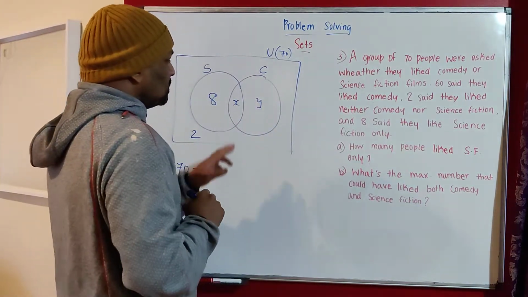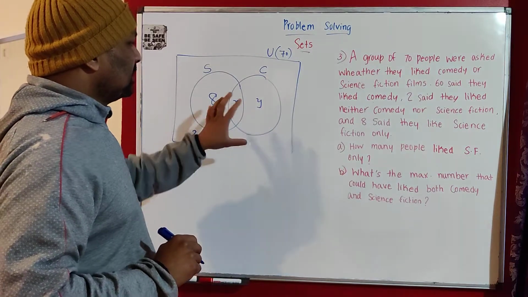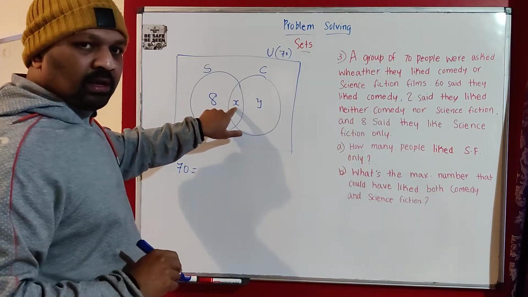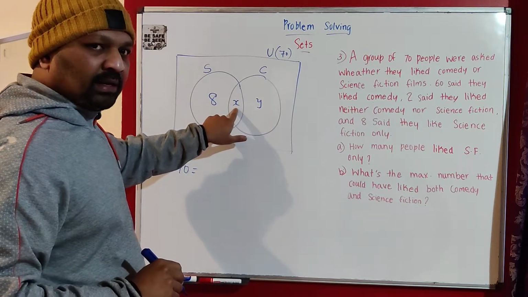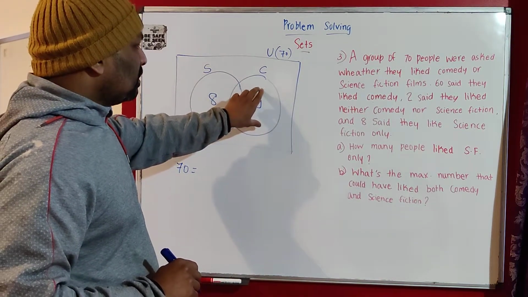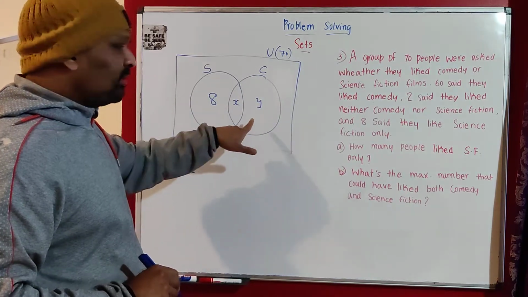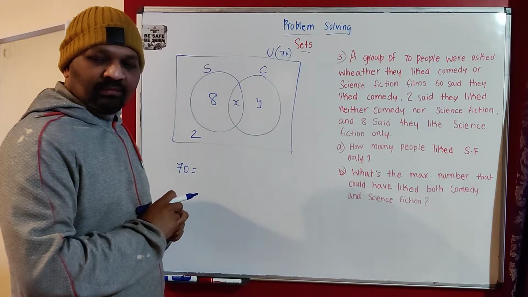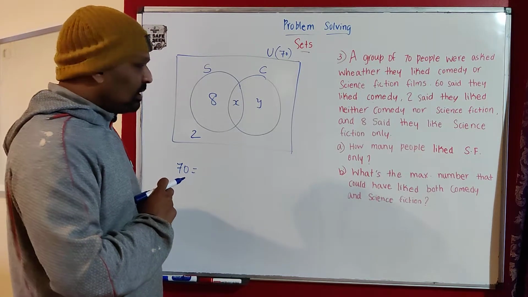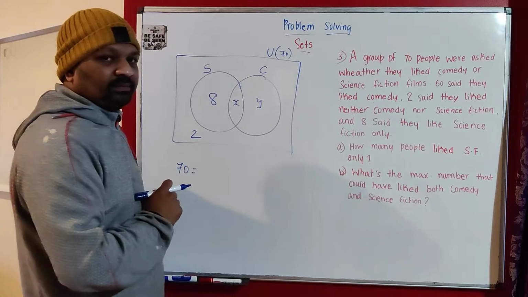Together, how many people like both science fiction and comedy? X people. How many people like only comedy? Y people. So how many people like comedy based on this Venn diagram? X plus y, isn't it?